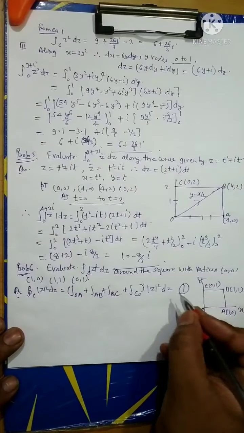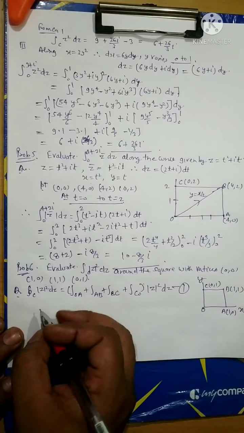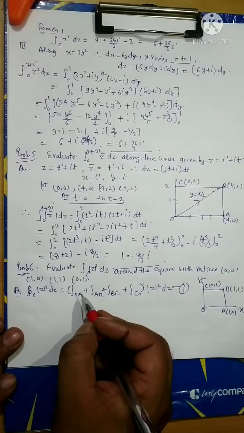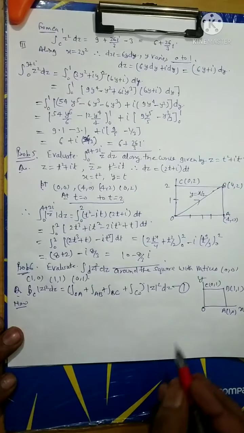This is represented by equation number first. Now first integrate over contour OA.